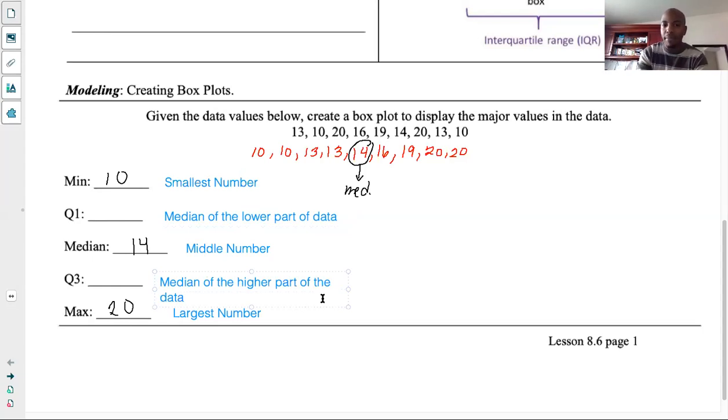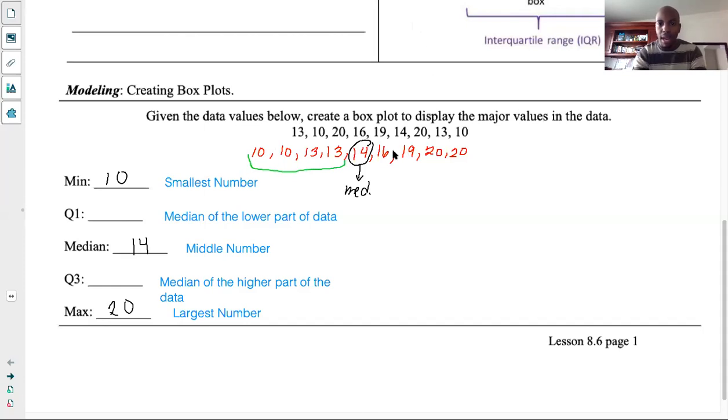So if I find the median in the lower half of the data, this is the lower half of the data. I'm going to highlight it in green, because I want you to make sure you understand this is the lower part of the data, okay?